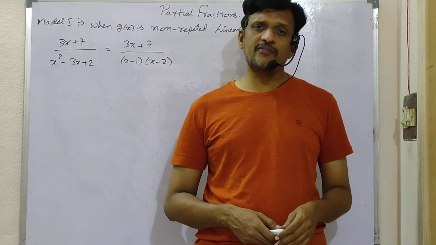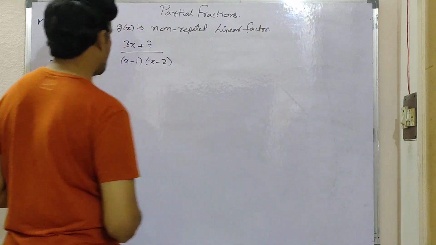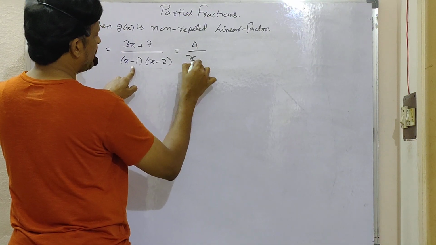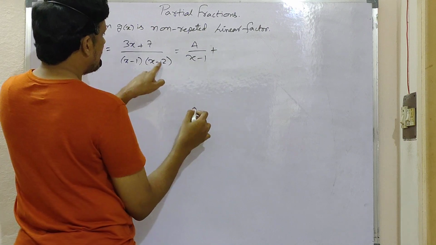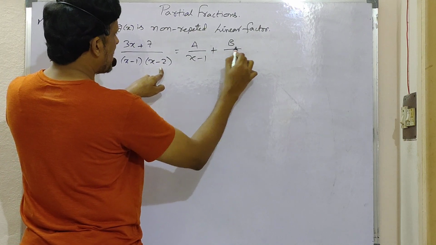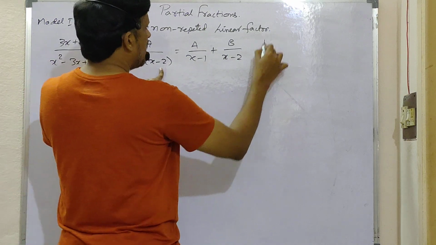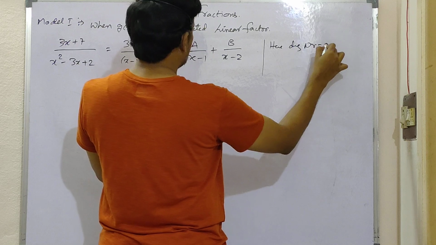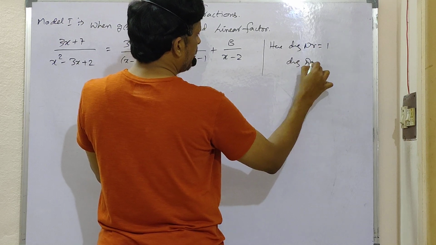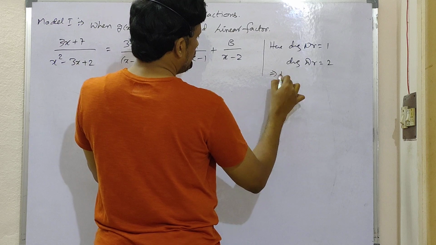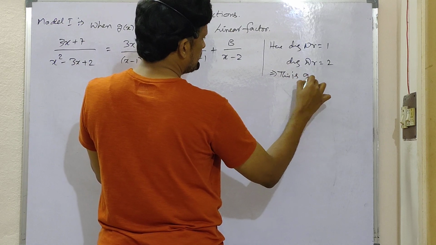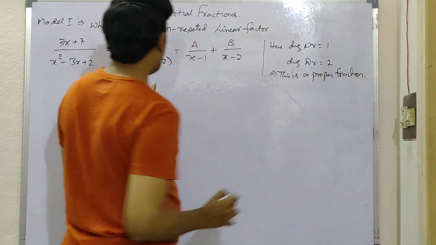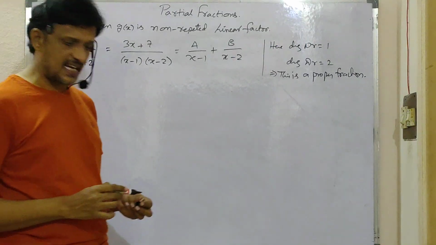So I can write this as the sum of the partial fractions in the same way similar to the last one. Corresponding to x minus 1, you will get a partial fraction of the form A/(x-1), plus corresponding to x minus 2, you will get another partial fraction, B/(x-2).